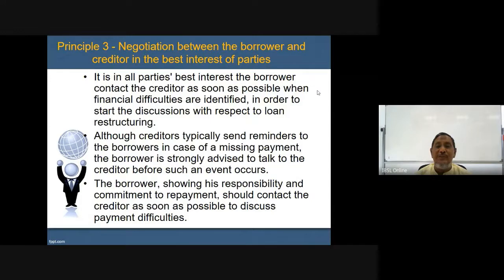The borrower showing responsibility and commitment to repayment could contact the creditor as soon as possible to discuss the payment difficulties. This is the situation we have in our relationship with the customer. Most of our customers, whenever they have difficulties, try to avoid the banker, abscond, not answer the phones, change the SIM.